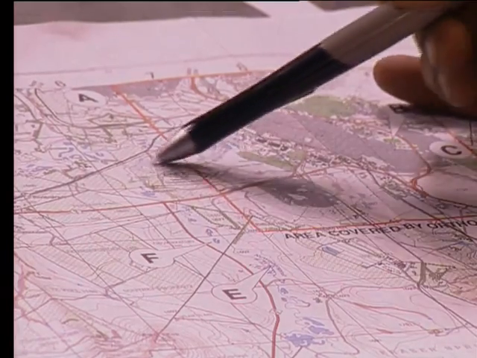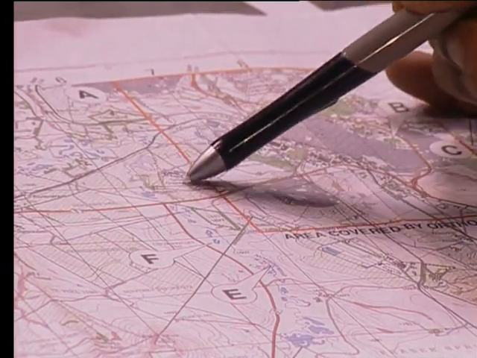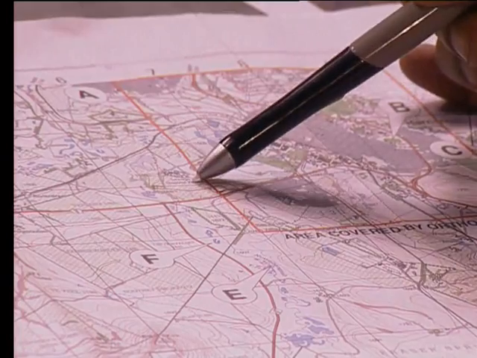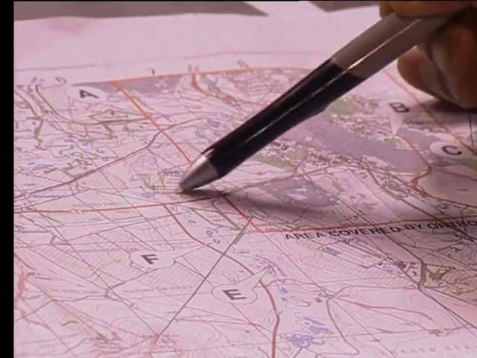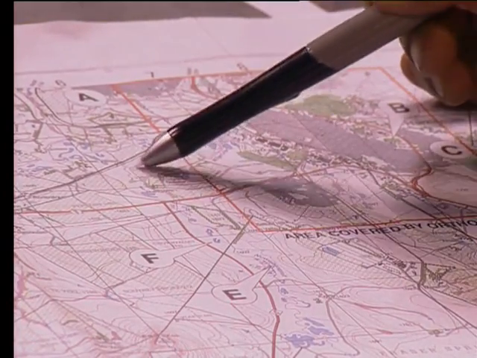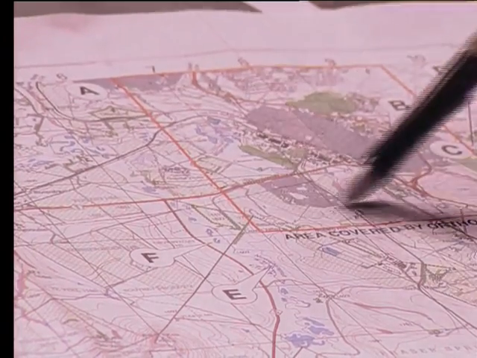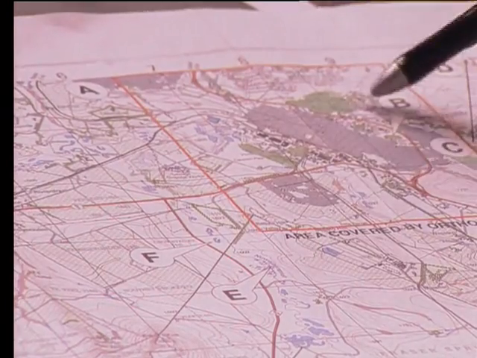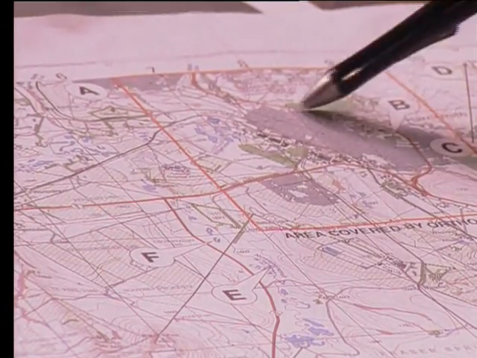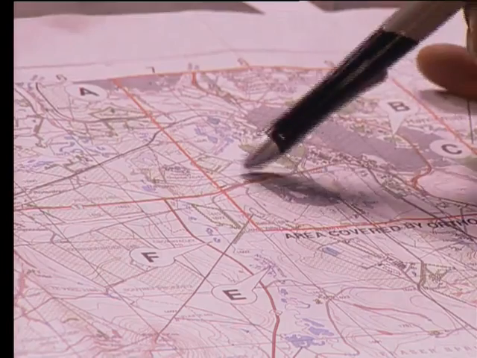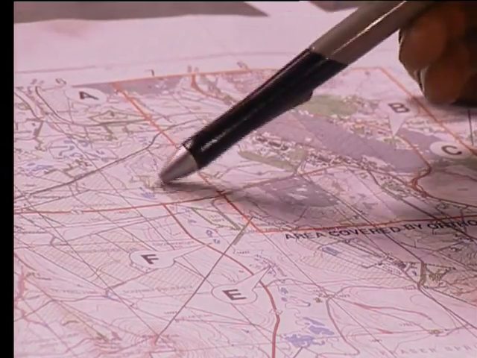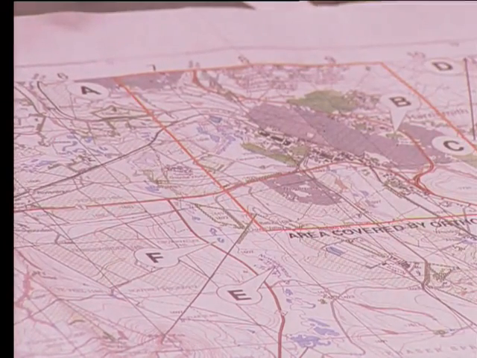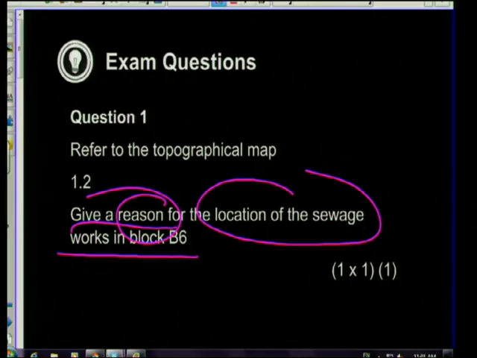So the sewage works is located in the rural urban fringe because this type of land use is considered to be a low economic area, and it's outside the CBD or the built up area or the urban area of Harrismith. Notice the gray area suggesting your urban area. Notice the sewage disposal works, and this would suggest to you that the sewage works are located in the rural urban fringe. So give a reason for your location.